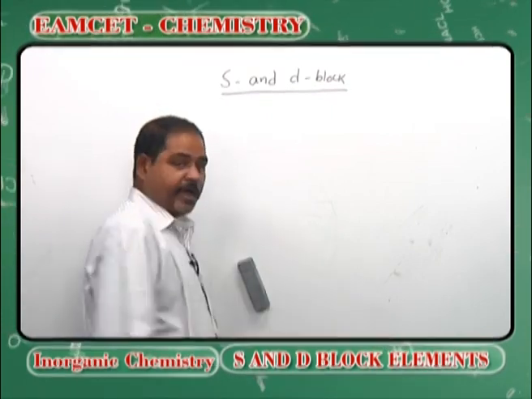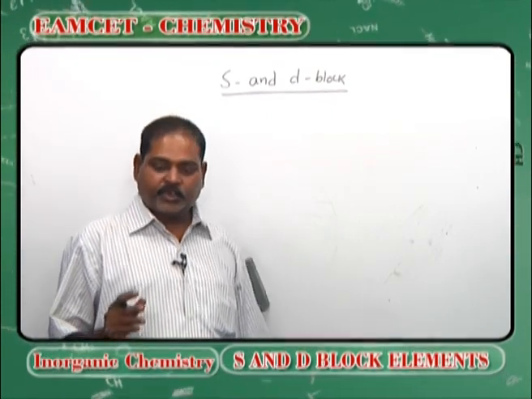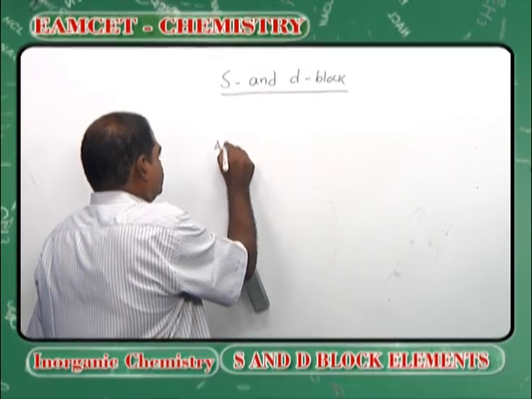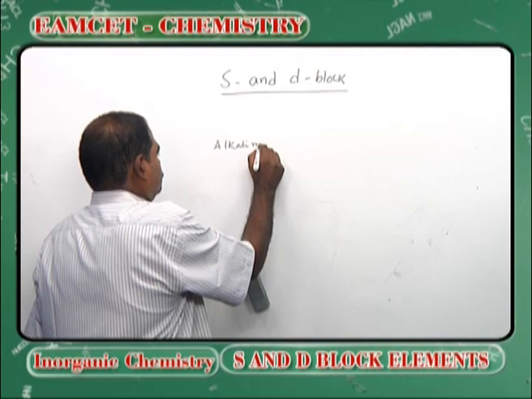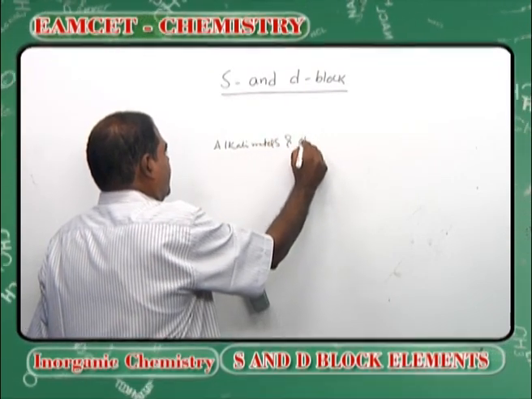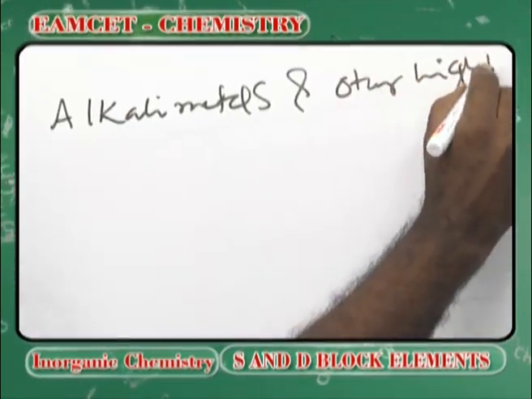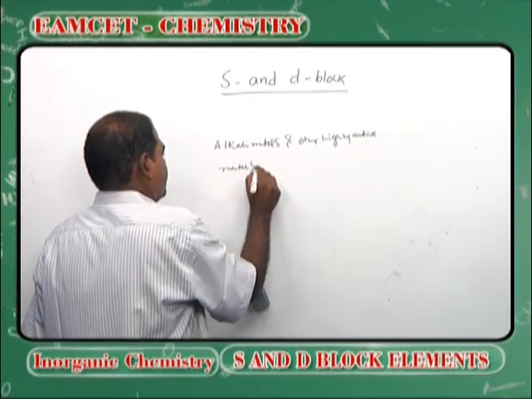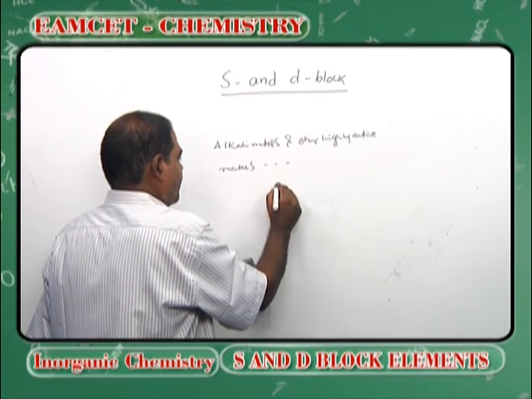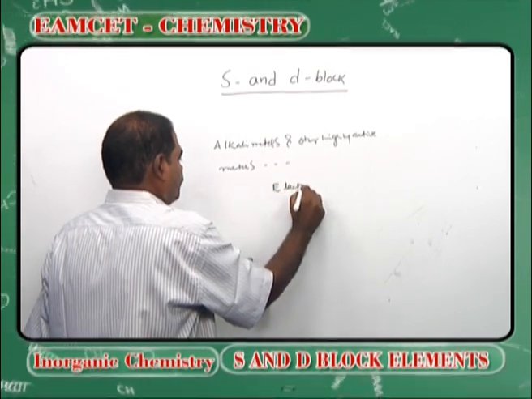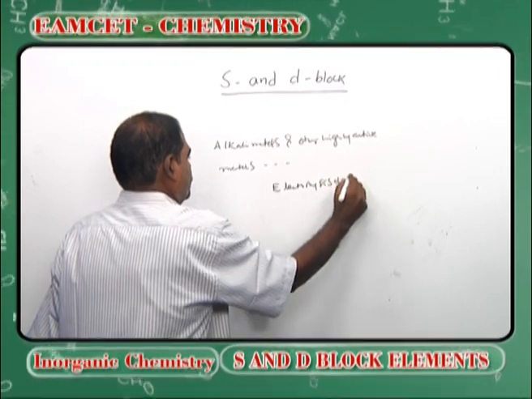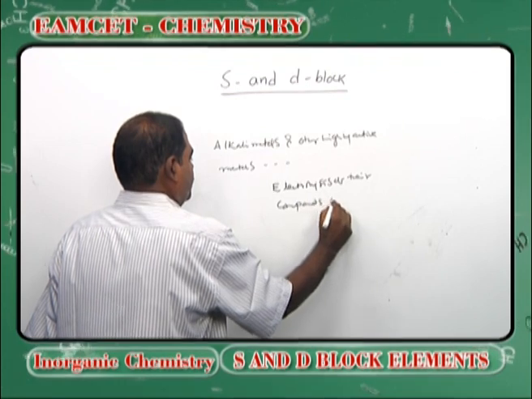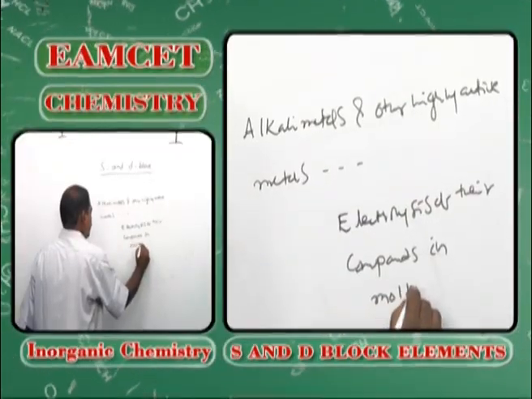And now, extraction of alkali metals we discussed in metallurgy, but alkali metals and other highly active metals, they can be extracted by electrolysis of their compounds in molten state only.